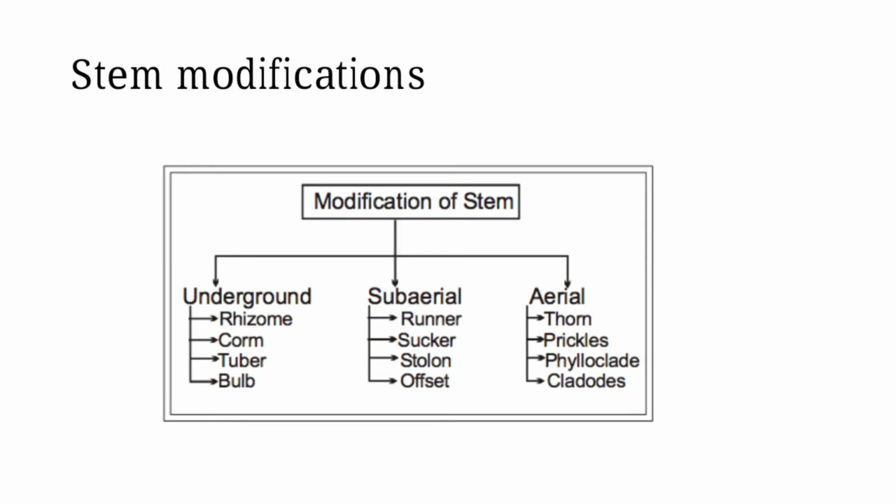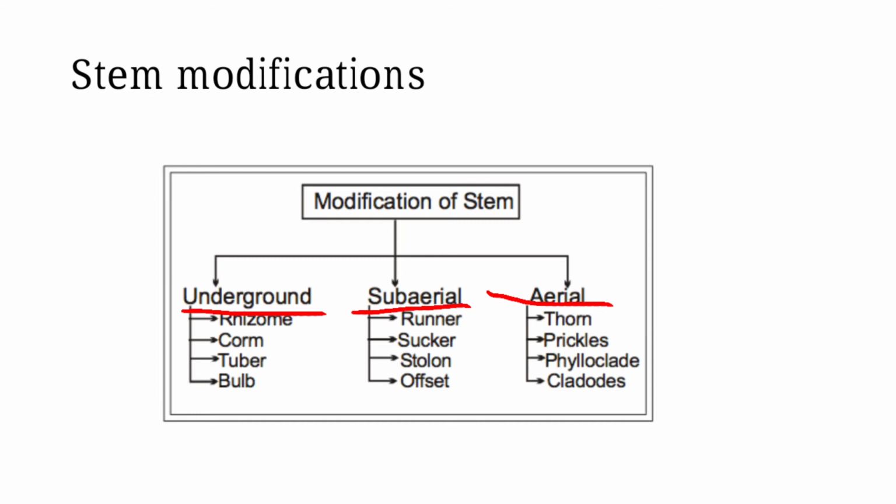So stems are modified and largely put into three main classes. We are having underground stem modifications, subaerial modified stems, and aerial modified stems.